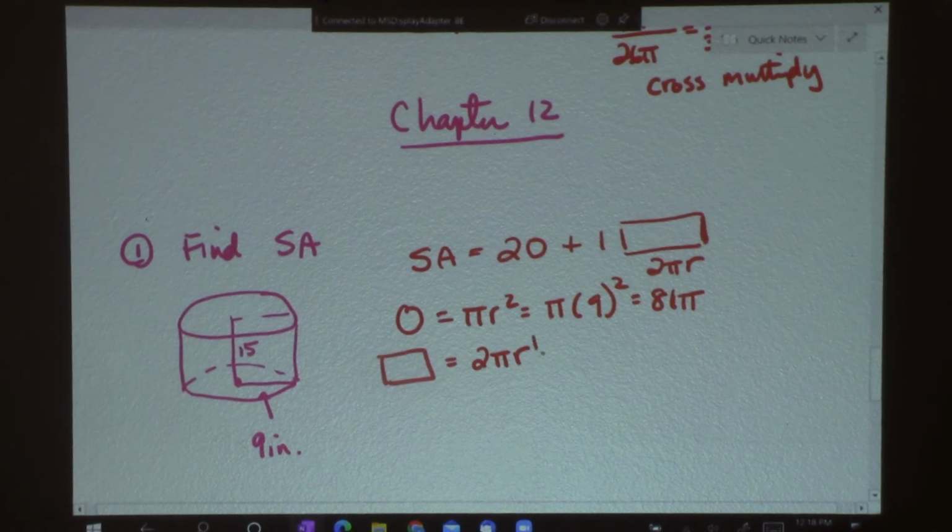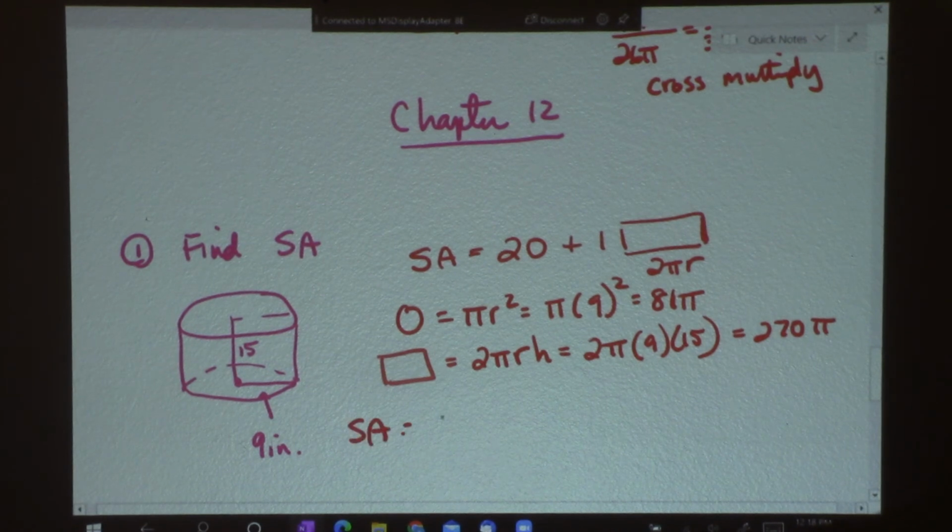So this is the height. So I'm going to have 2 pi times the radius 9 times 15. And if I multiply that, I get 9 times 15 times 2 is 270. So here I'm going to have 270 pi.